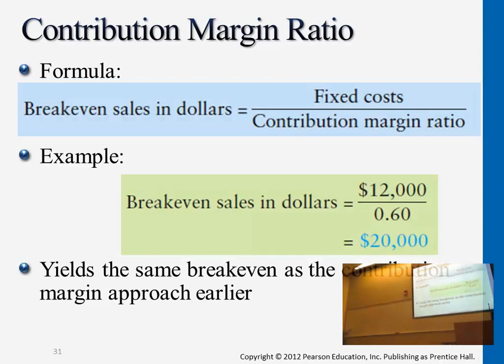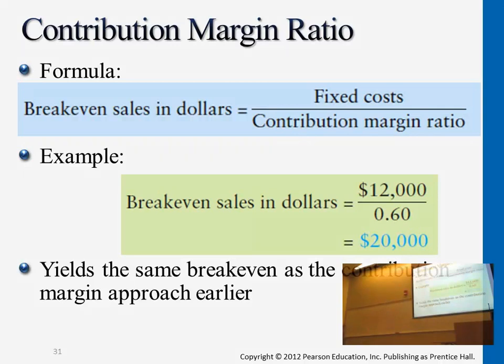Now, another way to look at this problem, if we're not calculating units but calculating break-even sales in dollars, then we get the contribution margin ratio first, which is just the relationship between sales and contribution margin. Remember, this part is 120, sales is 200. So for every dollar of sales, we're generating 60 cents of contribution margin. We use that 60 cents to divide fixed cost, again $12,000, to figure out break-even sales, $200,000.